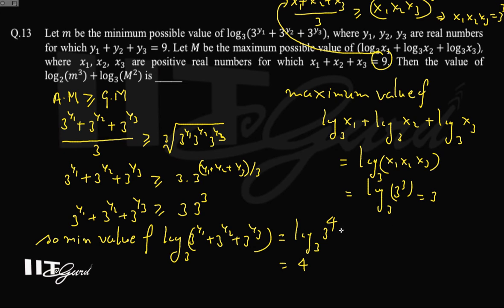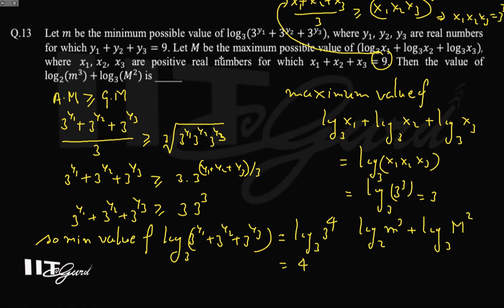Now what do you have to find? Finally, you have to find log of m to the power 3 to the base 2 plus log of capital M to the power 2 to the base 3.